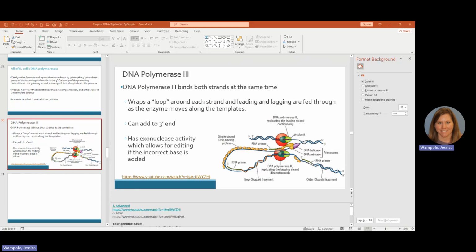And so what's happening is that as this one is opening up, if we are on a bacterial chromosome, we've got our replication bubble. And DNA replication is happening from the replication origin in each direction. And it's just going to keep going until we get all the way around the circle to the other side, and our fragments are going to connect.